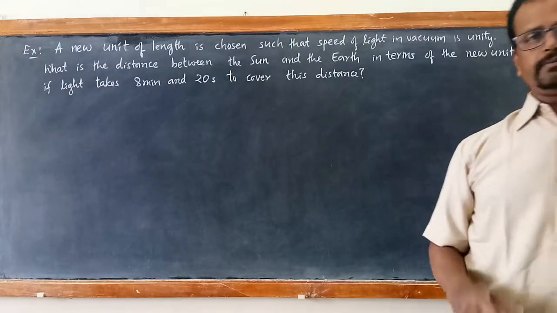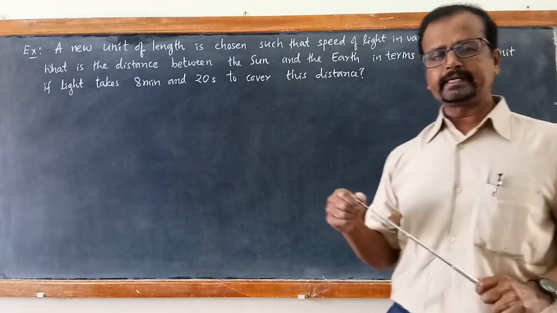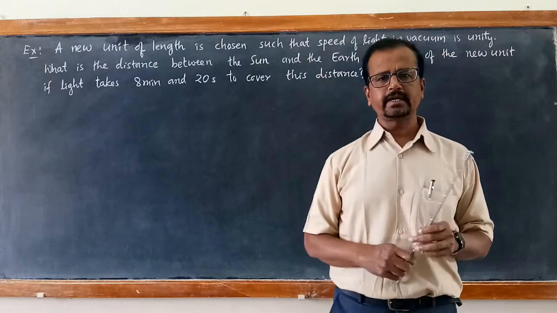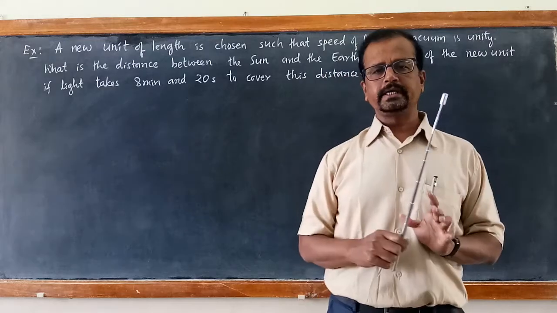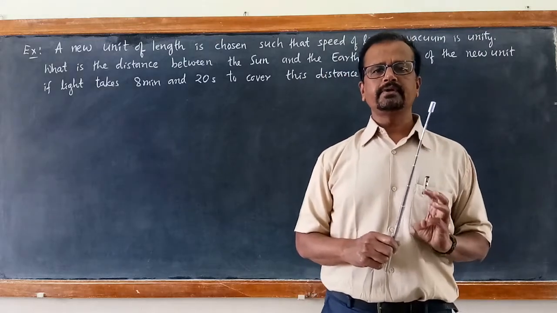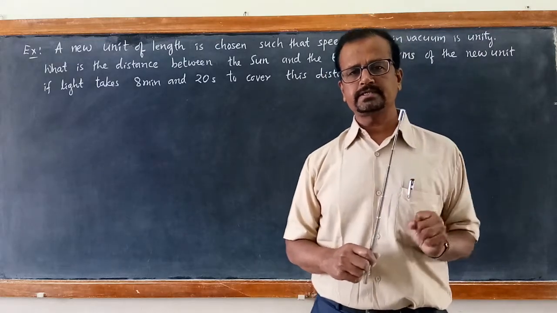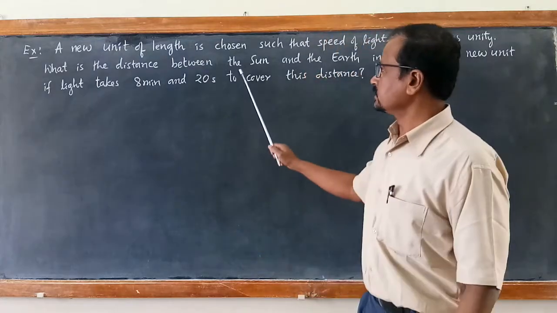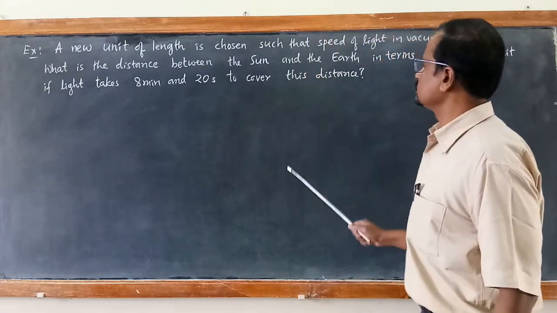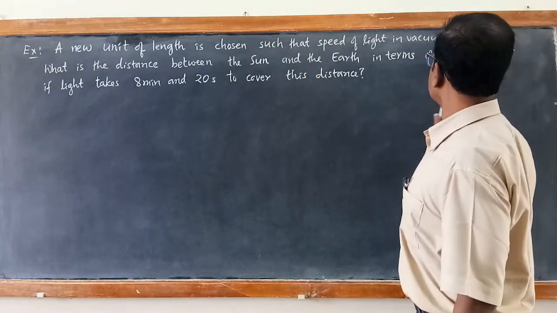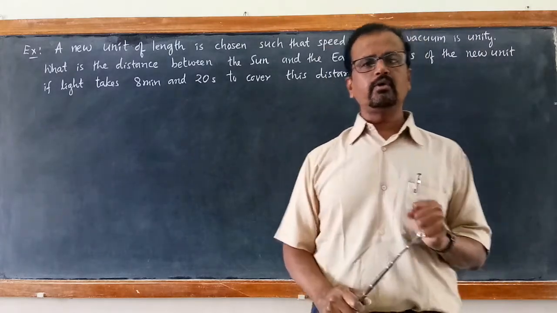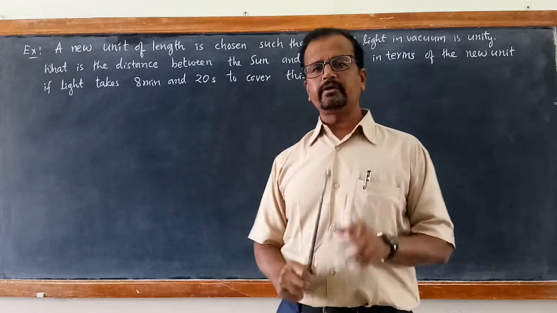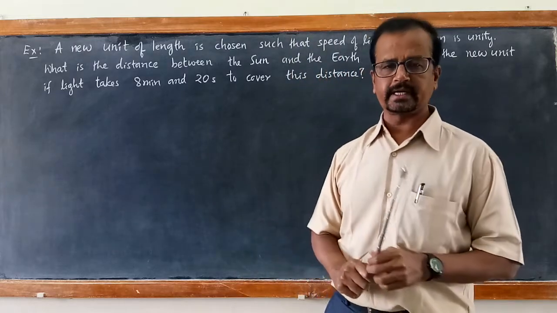Quickly look into this problem. We have completed the discussion on dimensions and dimension analysis, and now we are going to just see certain type of numericals that we come across from this topic. Here, a new unit of length is chosen such that the speed of light in vacuum is unity. Speed of light in vacuum, you know, it is 3 into 10 to the power of 8 meter per second.